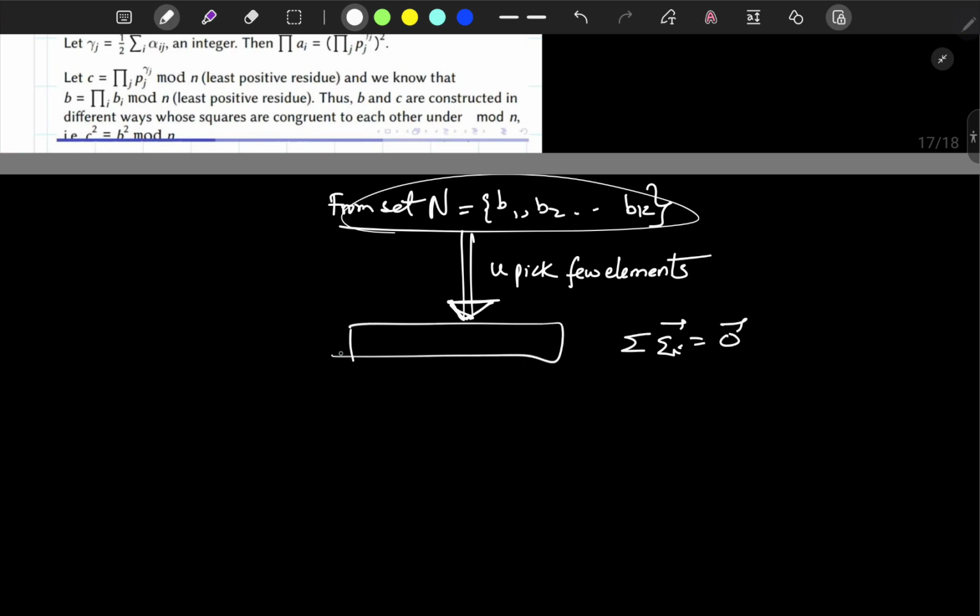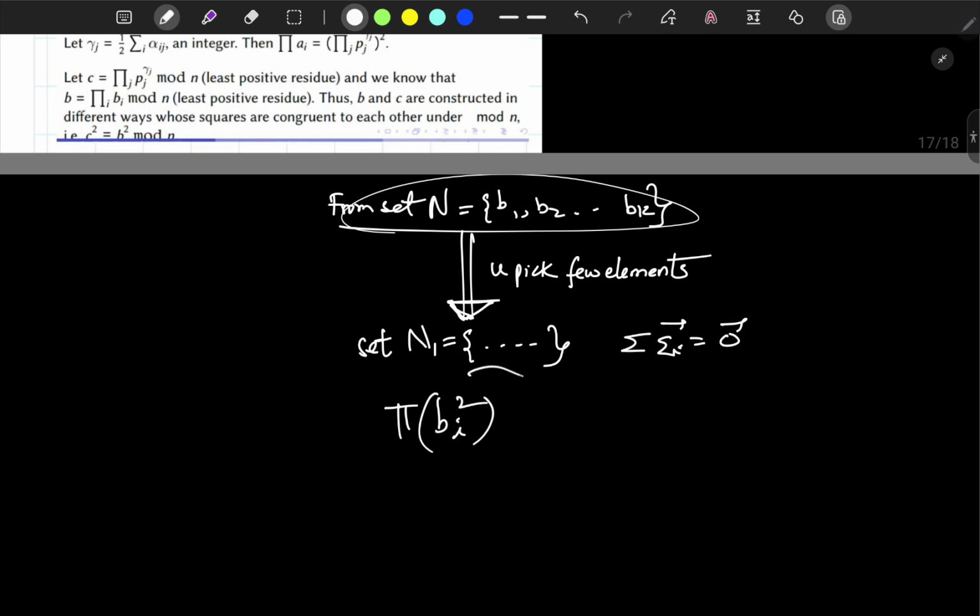Now you have, let's say, a set n1 of few numbers. Multiply all those elements in the set, meaning bi square.